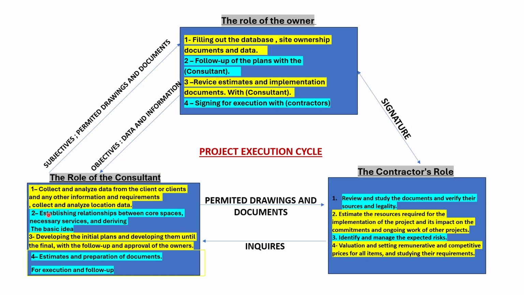All this information comes to be analyzed by the consultant, and he also has to analyze the site, because the information about the site where the project will be executed comes from the client.